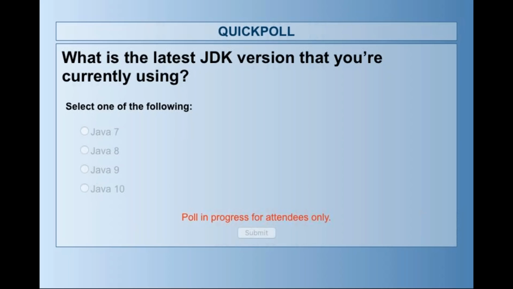And here as options, we have Java 7, Java 8, Java 9, and Java 10. We'll give you probably 10-15 seconds more to answer, and then we'll check the result to understand better how everyone listening to this is using the Java language.